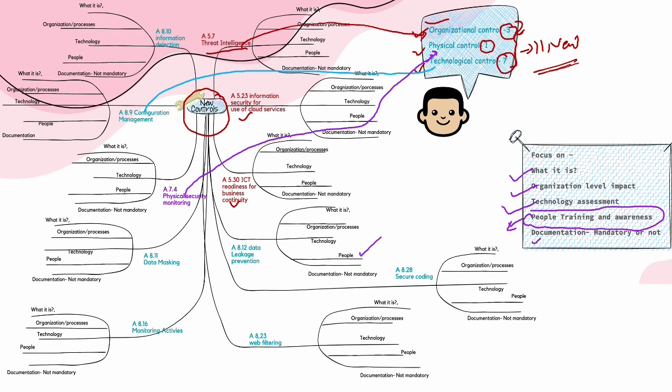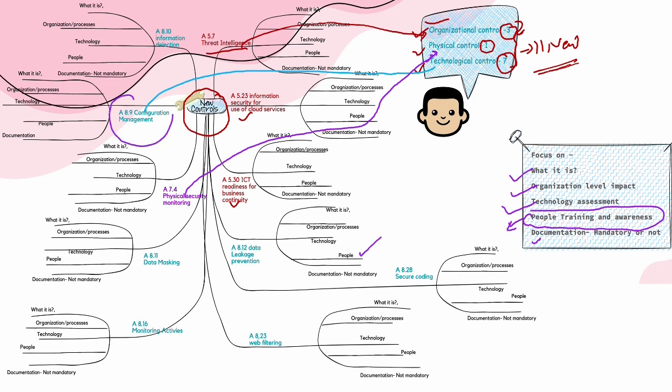And then we have to see which control needs mandatory documentation or not. In our next slide we'll see what documentation is mandatory as per ISO 27001.